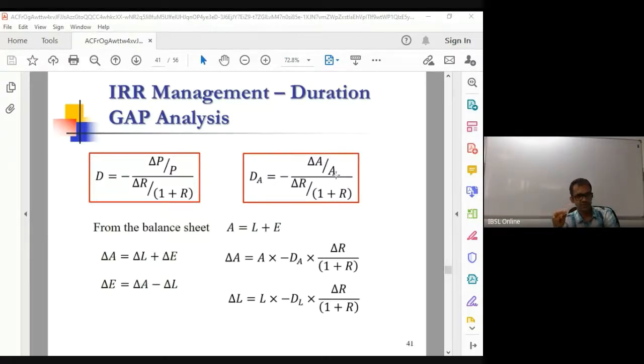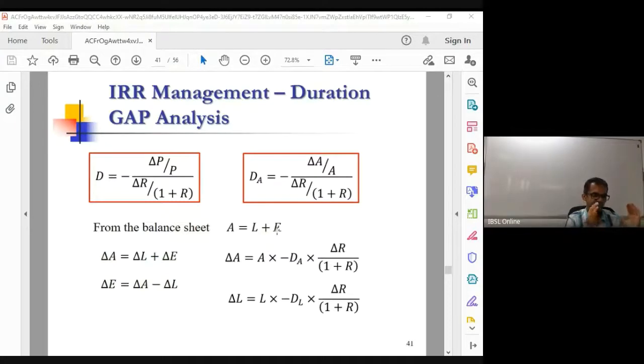What is your equity? That is the difference between assets and liabilities. If there's any difference between assets and liabilities, that difference is the equity that the shareholder holds. So if you remember the fundamental equation of accounting, assets equals liabilities plus equity.